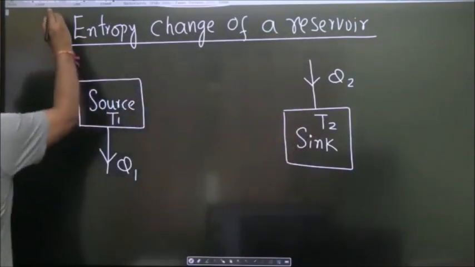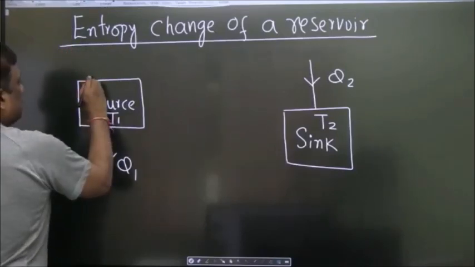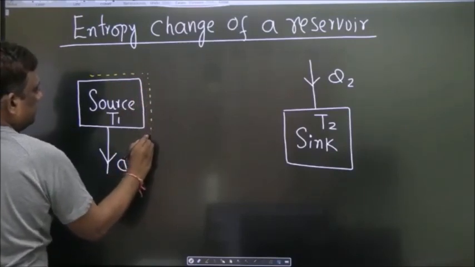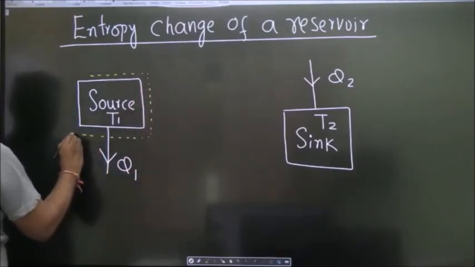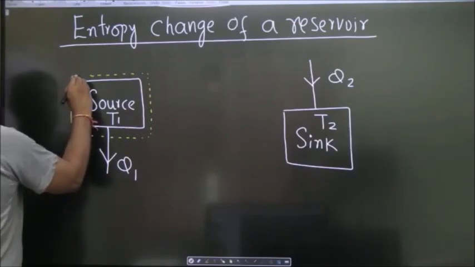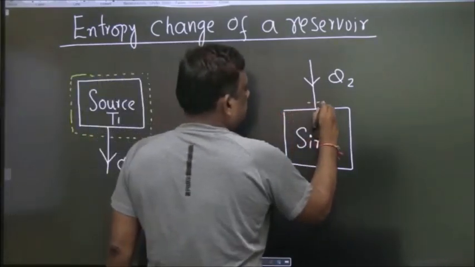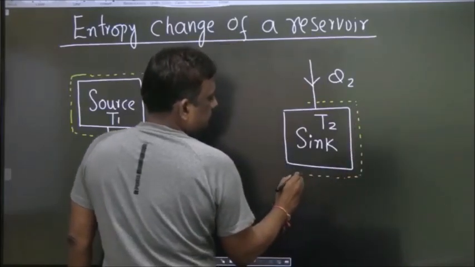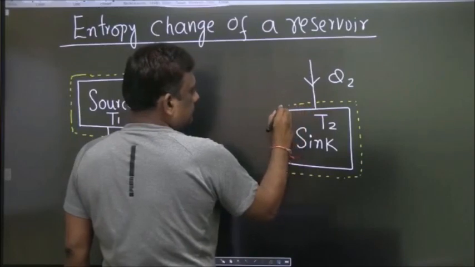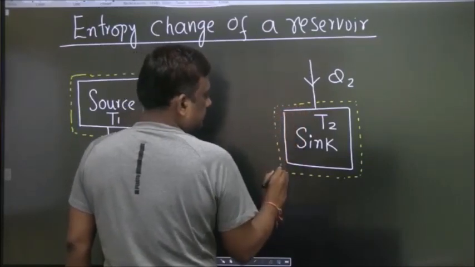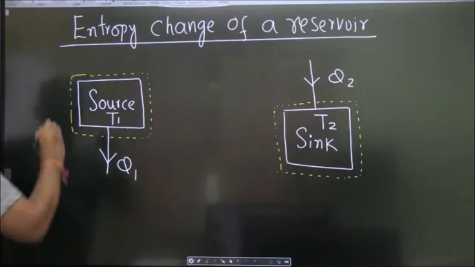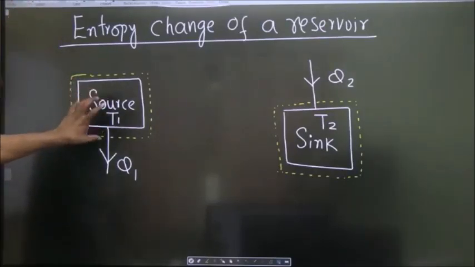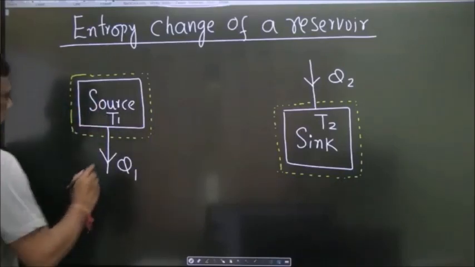Now let us try to find out the entropy change for the source. And these temperatures are strictly in Kelvin.